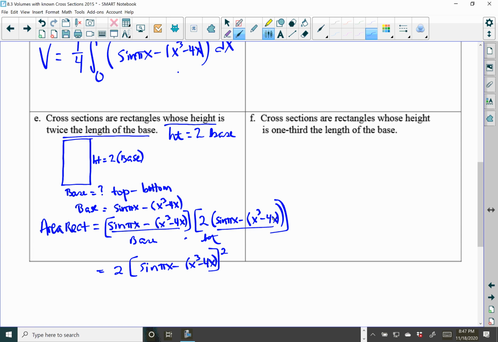Now, taking it into a volume function, we'll put a 2 out front, but that's only because of the design for this particular rectangle. From 0 to 2, sine pi x minus x cubed minus 4x quantity squared dx.